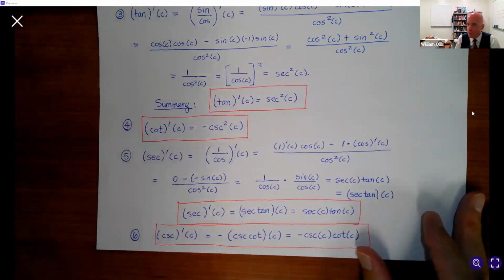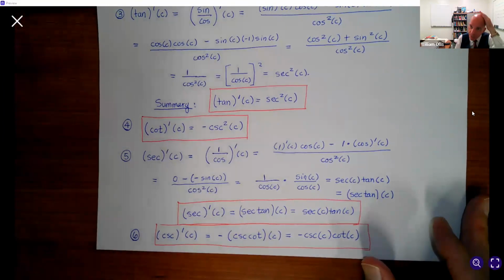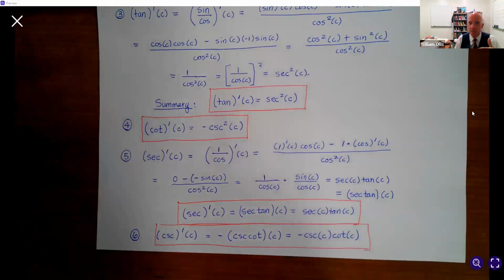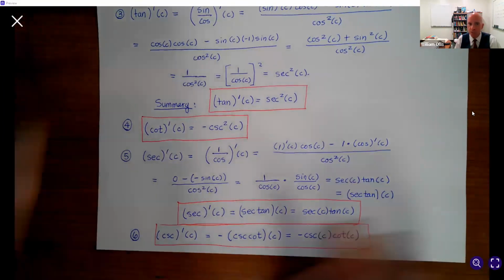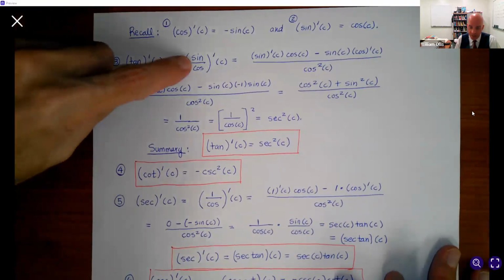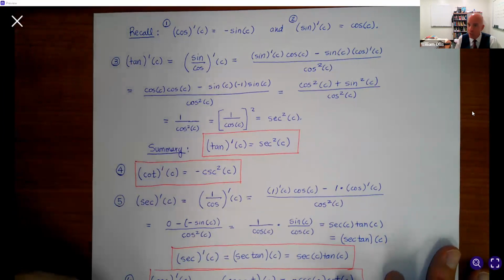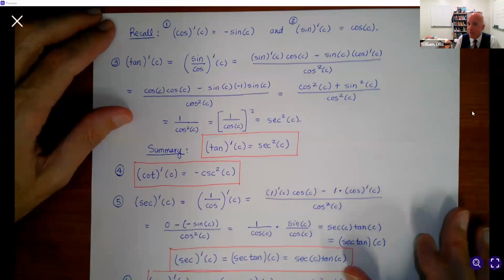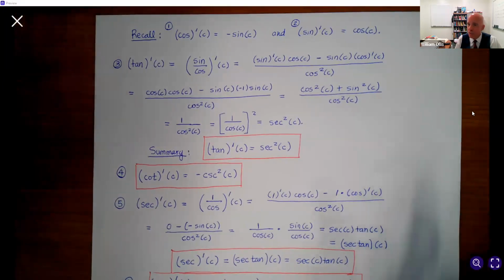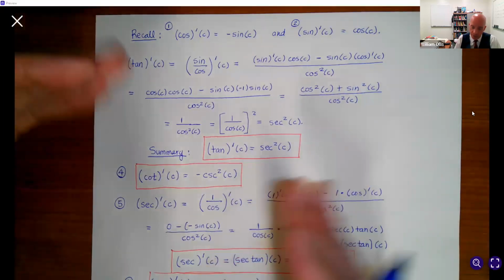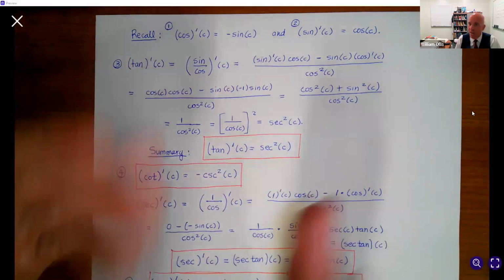The product rule was the first theorem we stated, but notice we are simply using our definition of the other 4 trig terms, and they are all defined as quotients, okay? They're all defined as quotients. And so the quotient rule makes good use of working with these types of functions.